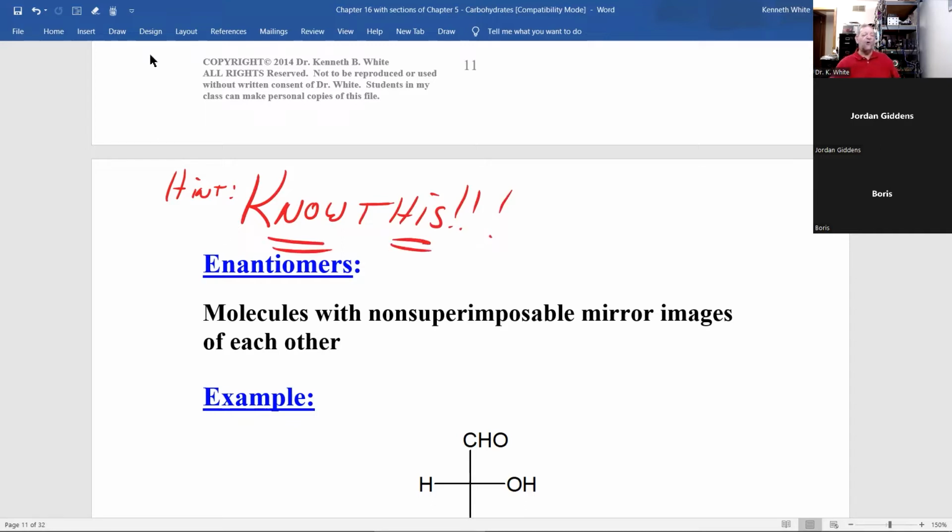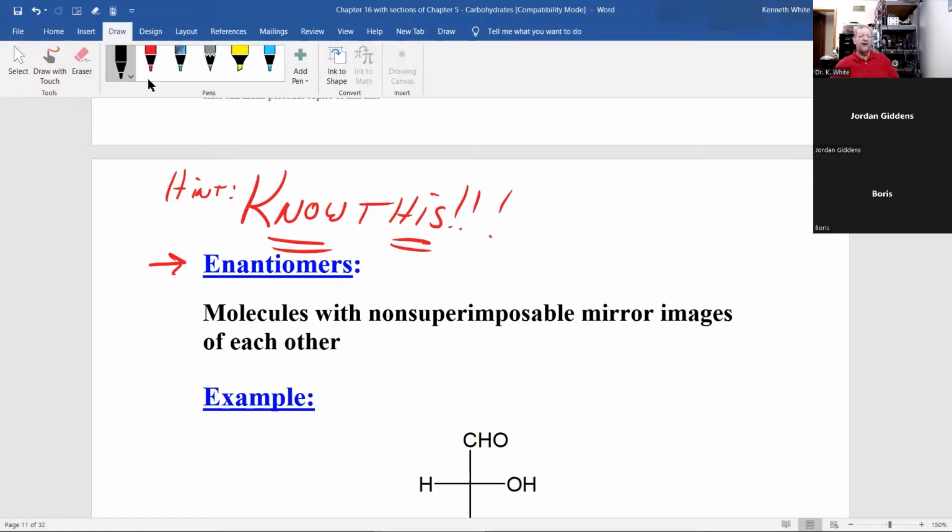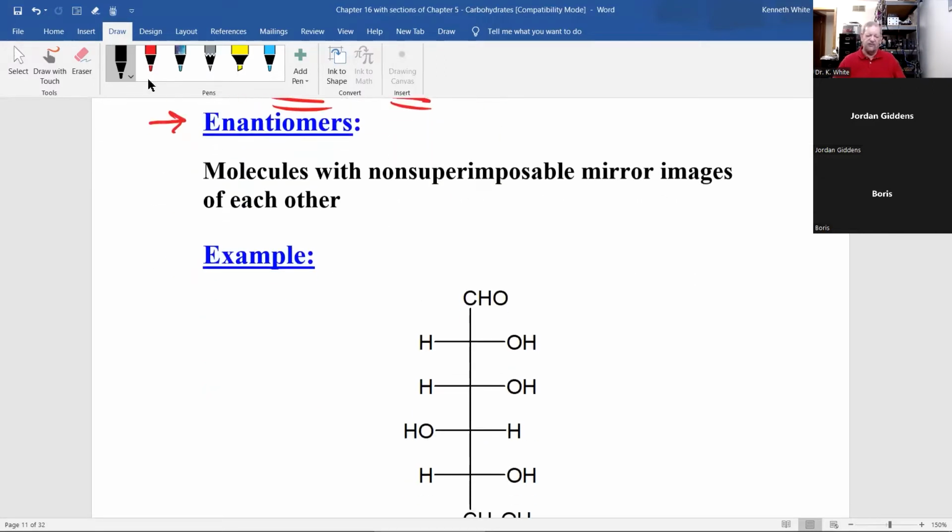And you should know what an enantiomer is. Enantiomers, which I'll never ask the definition, but you should know how to identify or draw enantiomers, are molecules with non-superimposable mirror images.